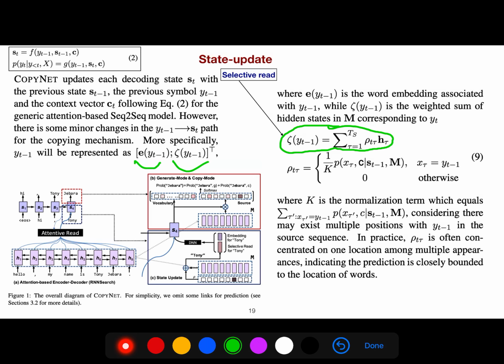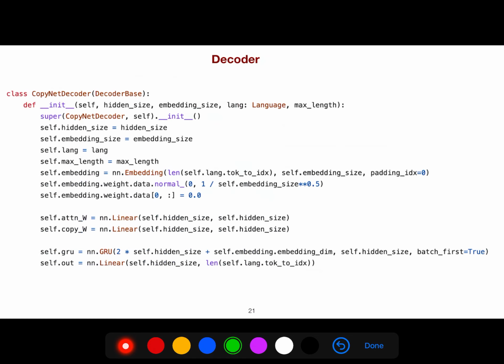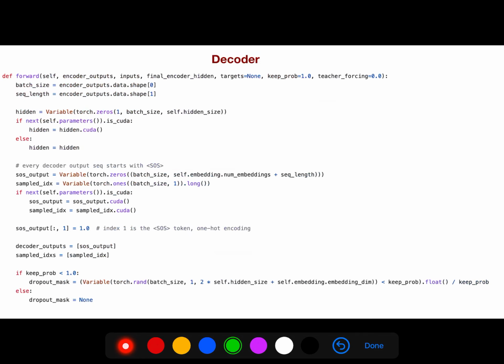And the weights are like this. So the decoder part, we have embedding, and then we have attention mechanism. This is for generation, and then for copy mechanism, and then we combine them, and we say, okay, now we have the probability, after doing softmax, we can understand what is the probability that a particular word is what.